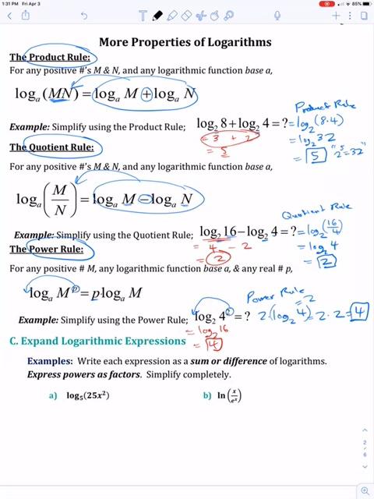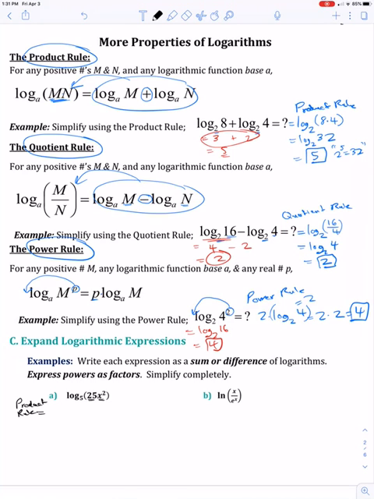Let's take some examples and put these properties together here in examples A and B. It says write each expression as a sum or difference of logarithms, express powers as factors, and simplify completely. So log base 5 of 25 times x squared. Well, again, we've got a product, we've got a couple factors. So let's go ahead and use the product rule.